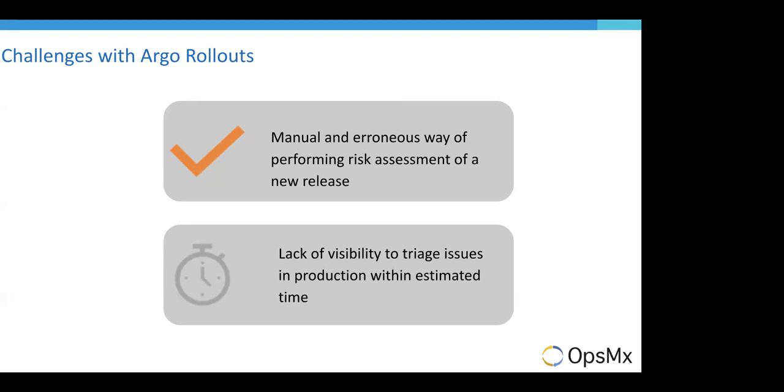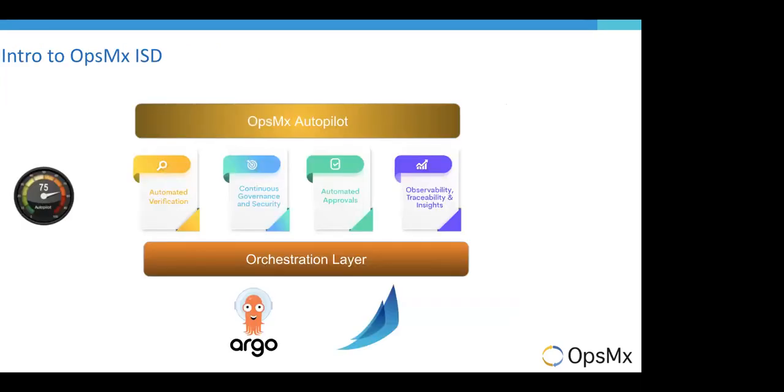We cannot fully rely on the deployment. And there is a lack of visibility. If something goes wrong in the production environment, the triaging would take time because of the lack of visibility. And how do we overcome this? That's using Autopilot. But before that, let's see some introduction of Autopilot.